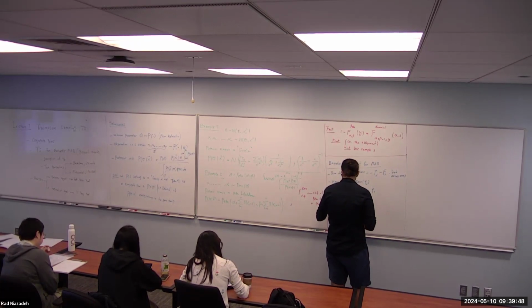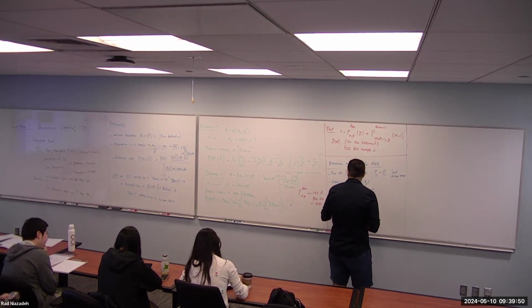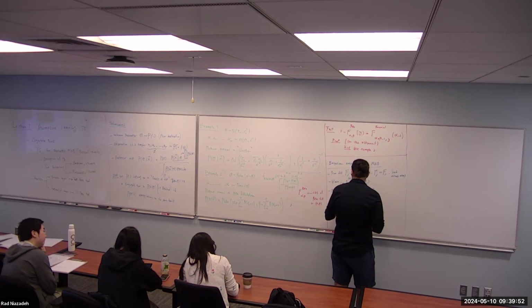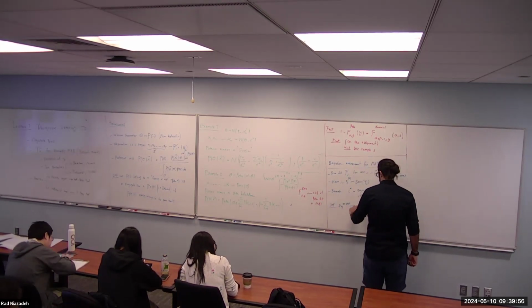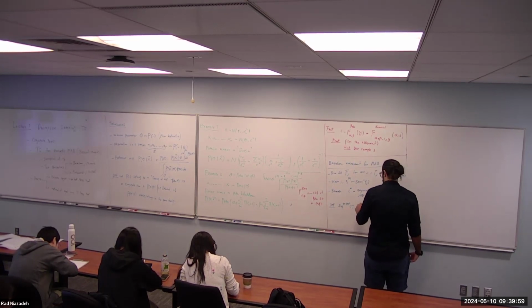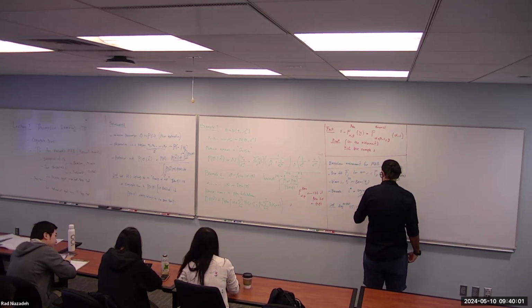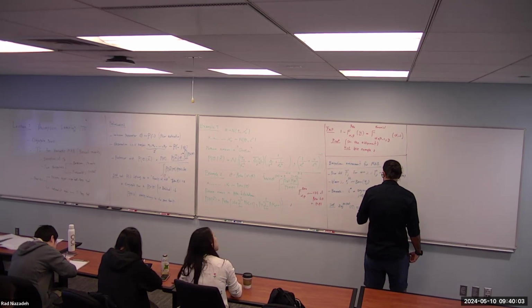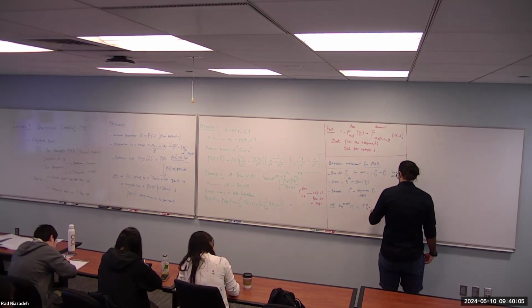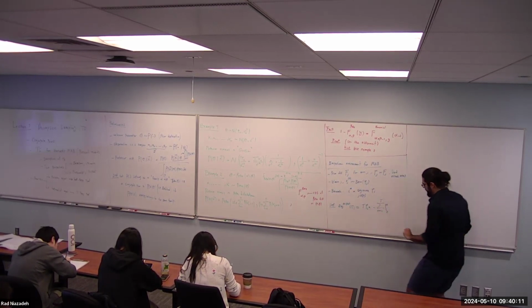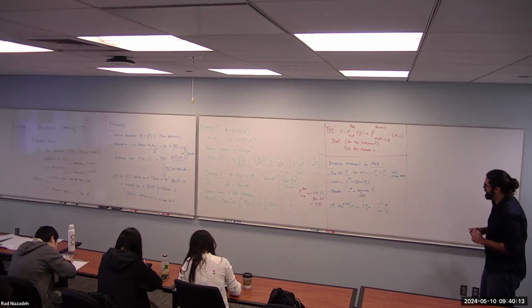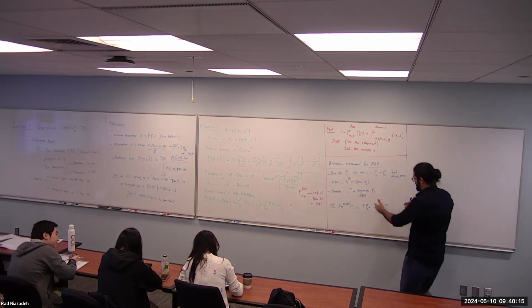Okay, so I'm going to define the ex-post regret of the algorithm to be a random variable. So it's going to be T times mu of I star minus the summation t from 1 to capital T of mu of IT.